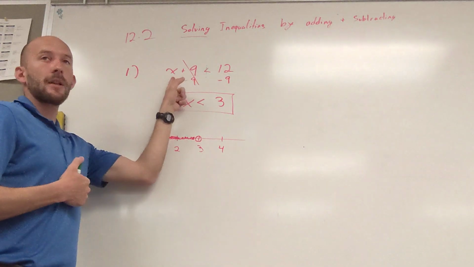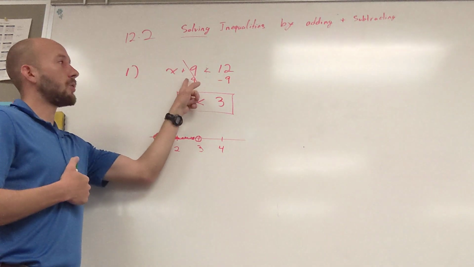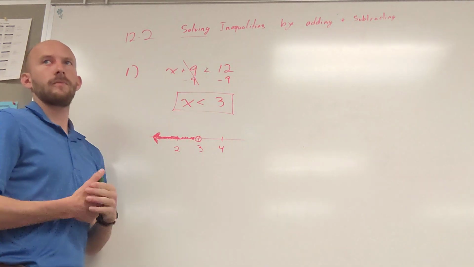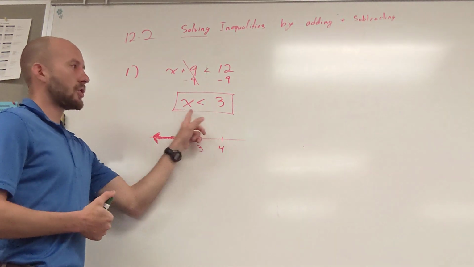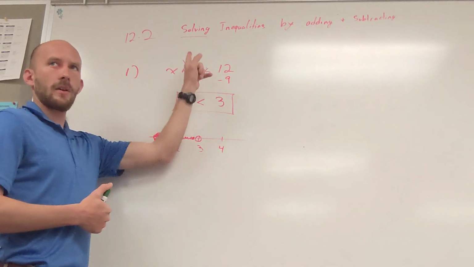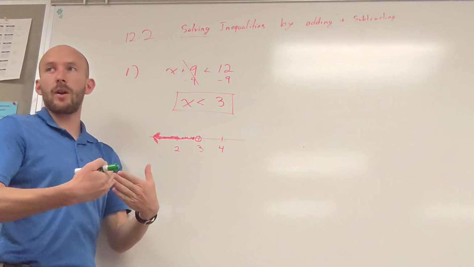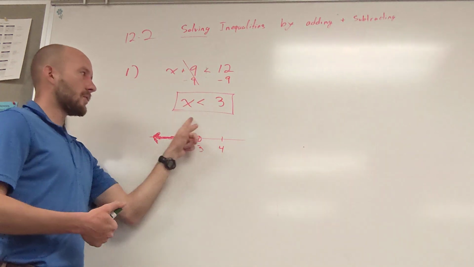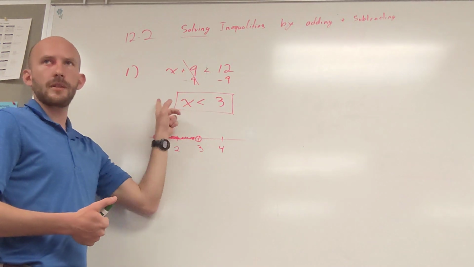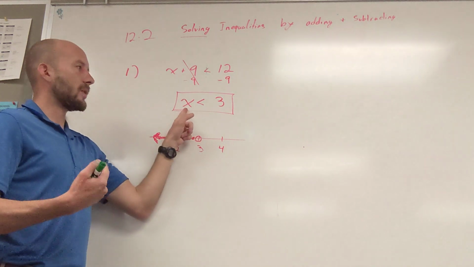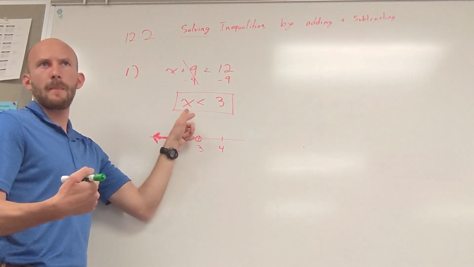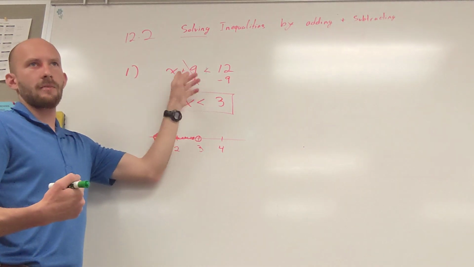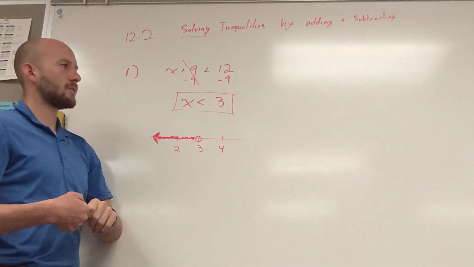Yes, and if I plug it in up here, it should also work. 2 plus 9 is 11, which is less than 12. You should be able to check anything in your answer, kind of like when we were solving equations and you could plug your answer back in and check. Would 0 be a solution here? If I plug 0 in, it should work. 0 plus 9 is 9, and that's less than 12.